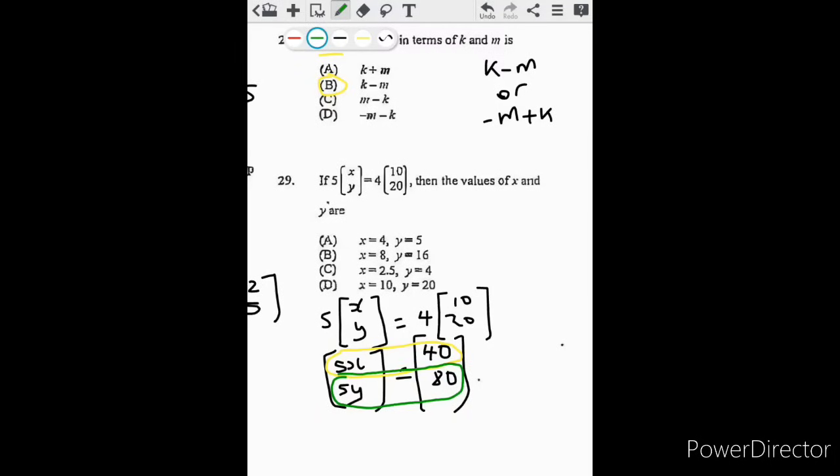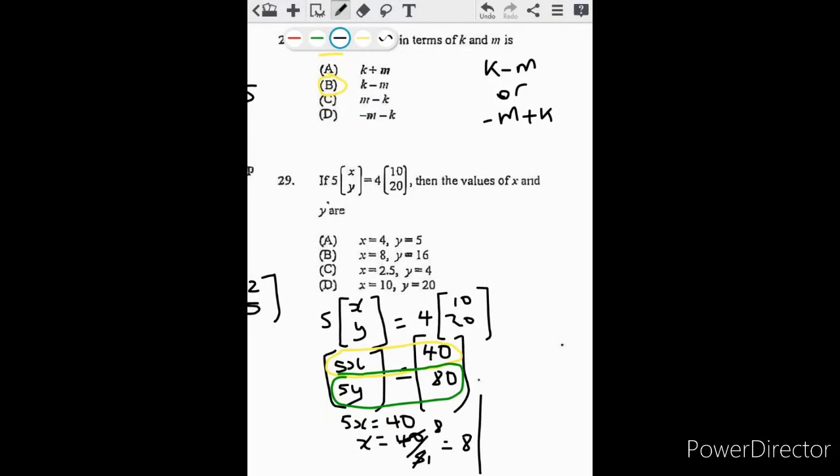So what we're going to do now is just solve for x and y. 5x is equal to 40. So x is equal to 40 divided by 5, which is 8. So our answer is 8 for x.